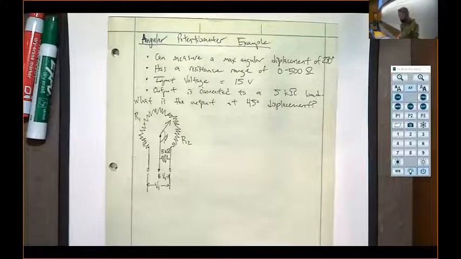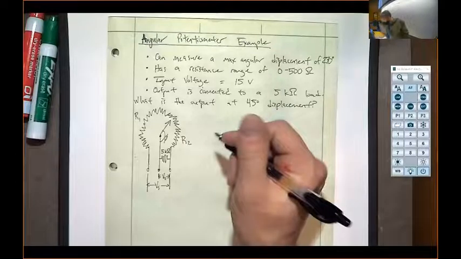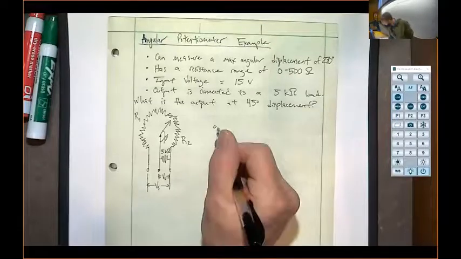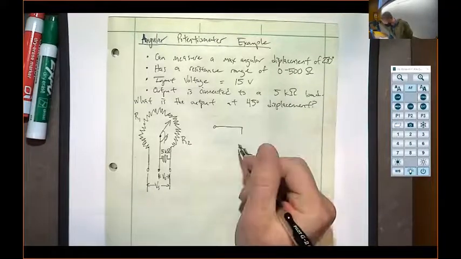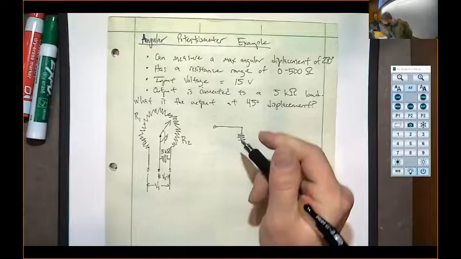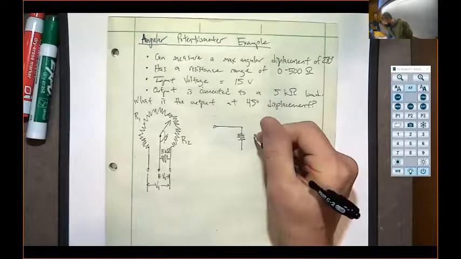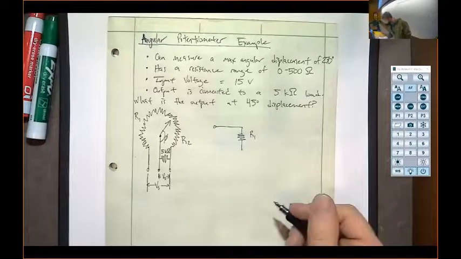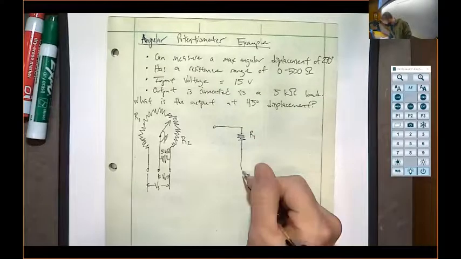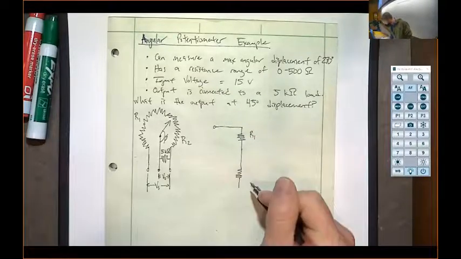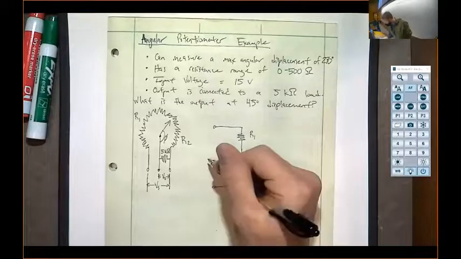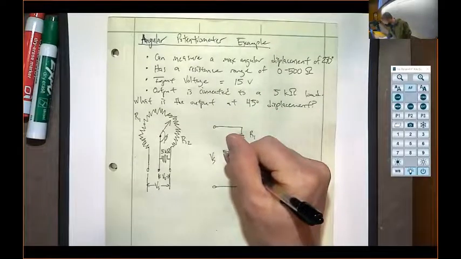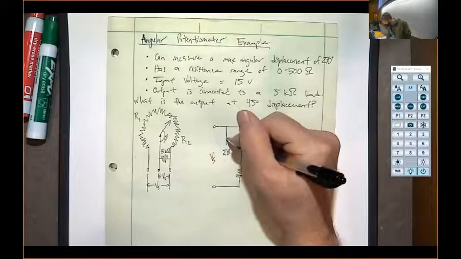It might help our engineering, more rectilinear brains to draw it out more like this. This is more like that variable voltage divider. So you have R1 up here, and we have R2 down there. This is where we connect our source voltage, and this is the total displacement possible.